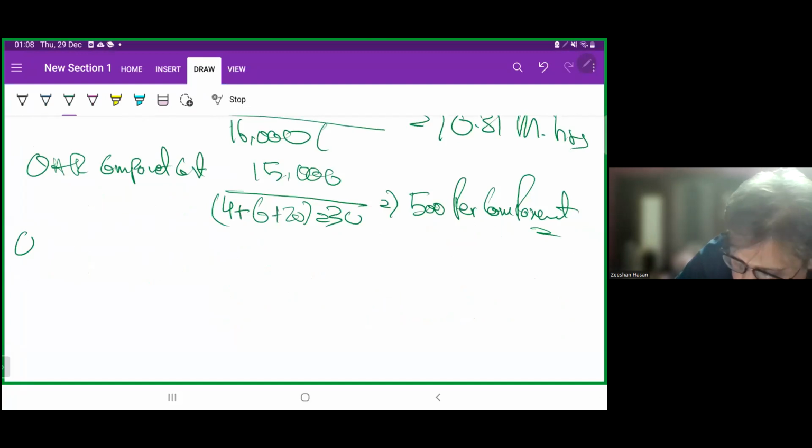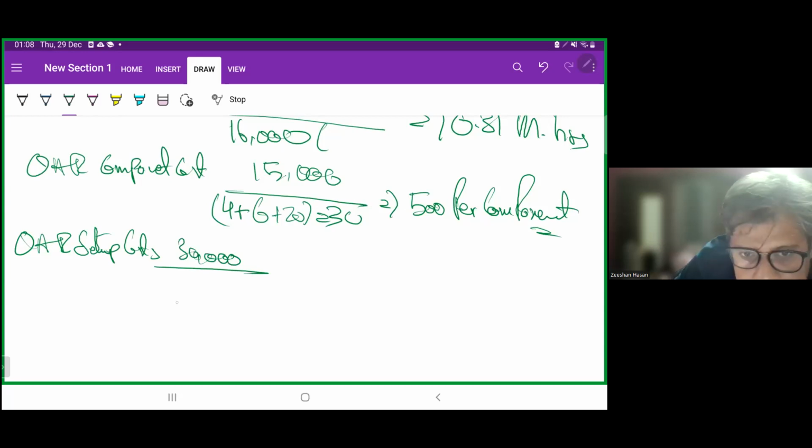Then overhead absorption rate, setup cost: 30,000 divided by 3 plus 1 plus 26. We have setup cost of 1,000 per setup.